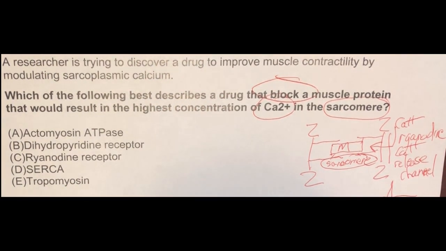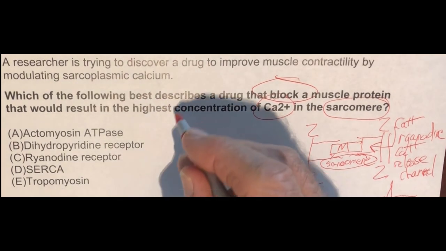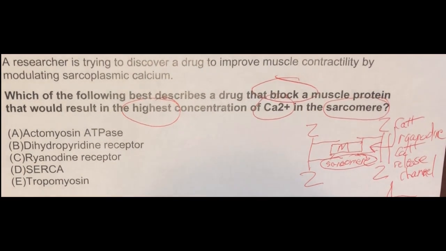Inside there. And we're asking, how do we get the highest concentration? So ryanodine receptor, even though we know it's associated with the sarcoplasmic reticulum, would not be a good answer.